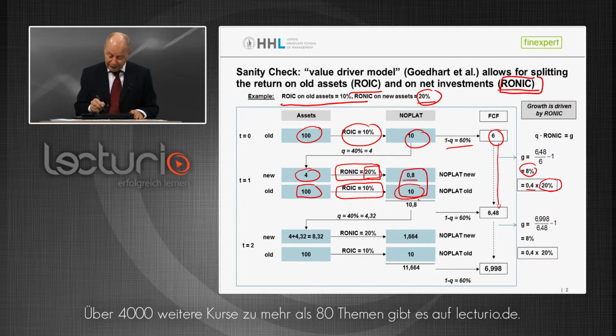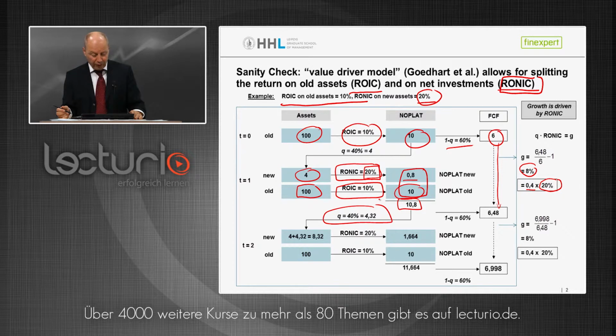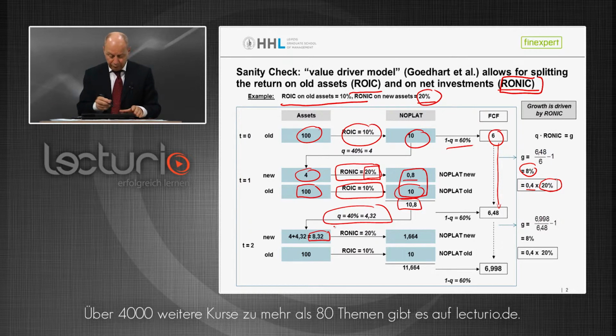Again, of the 10.8 NOPLAT, 40% is retained and used for acquiring new assets, that's 4.32, and that yields new assets in total of 4 in the first period and 4.32 in the second, in sum 8.32.